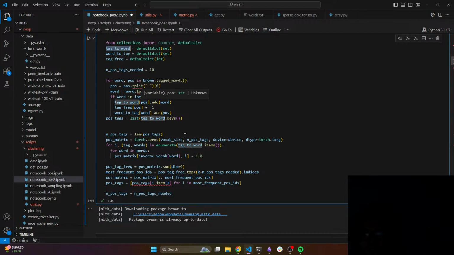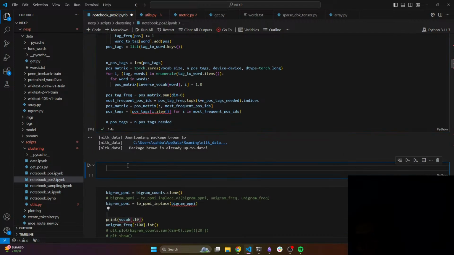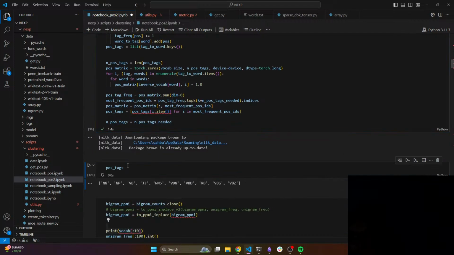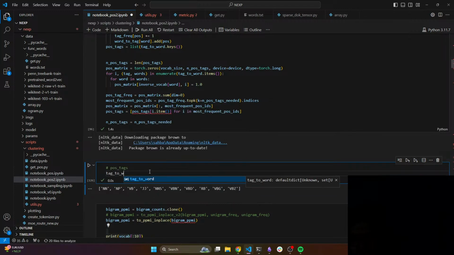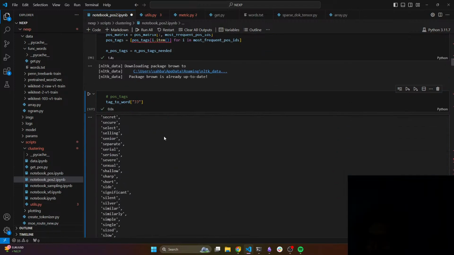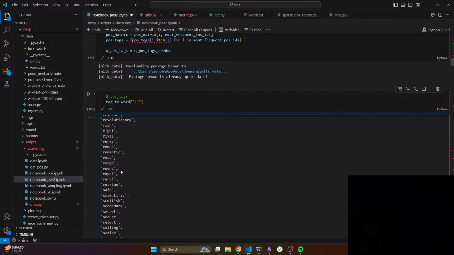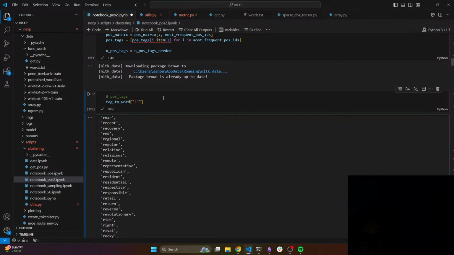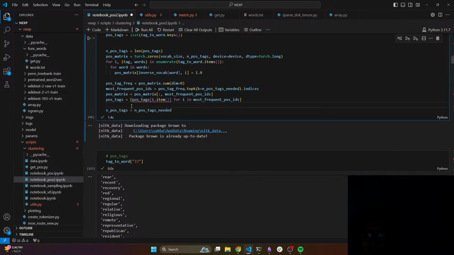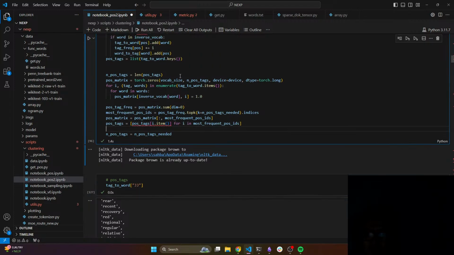Tag to word. Let's just first check the POS tags. I think it's JJ. Tag to word. JJ. Sharp, okay. Sharp. No, I have to change from. I have to check. I have to find from here.